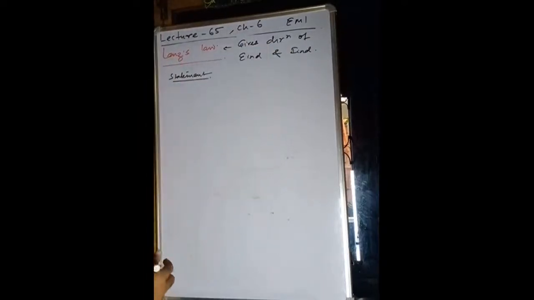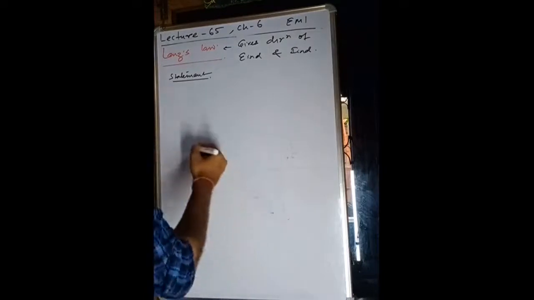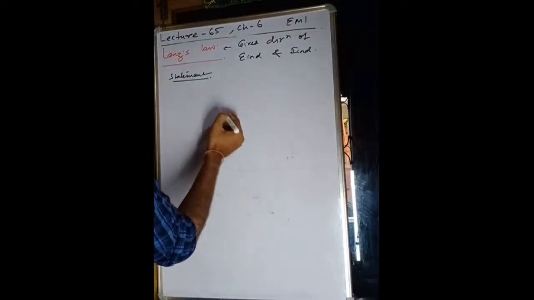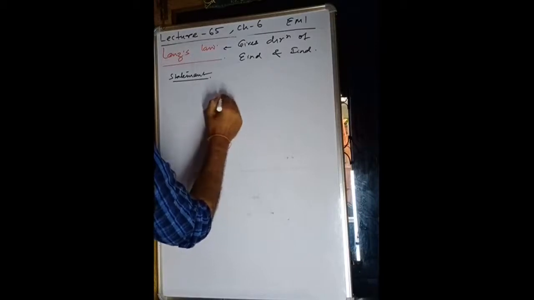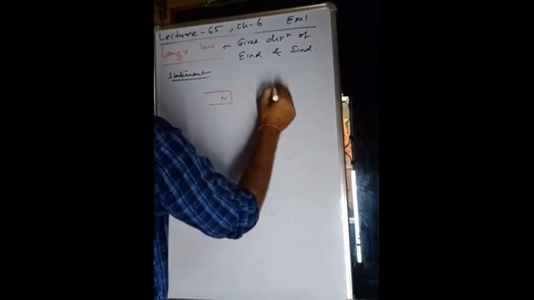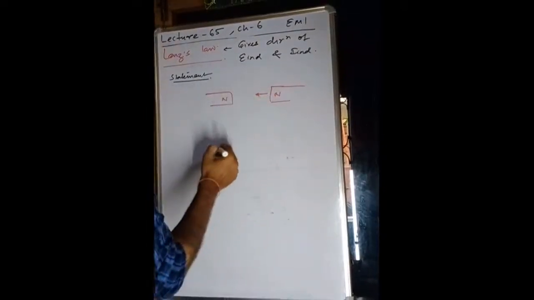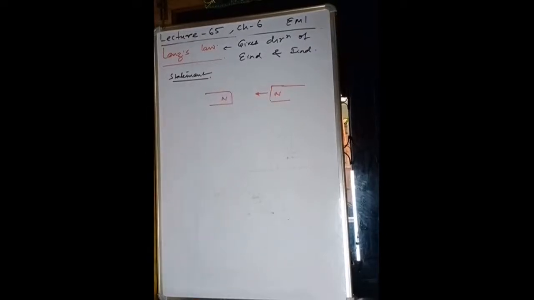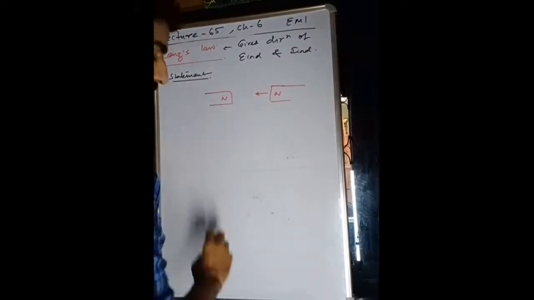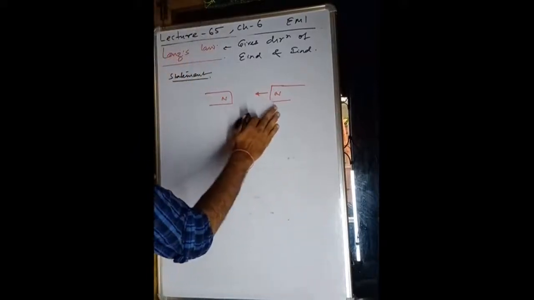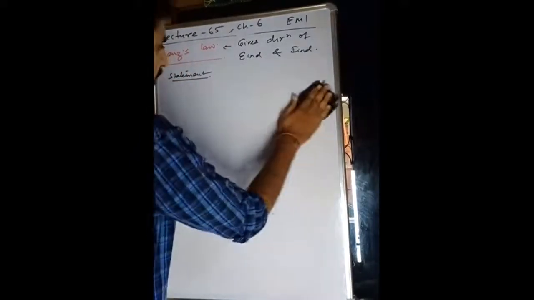Now try to understand how this will oppose; you have to study it, and that will make certain questions. Suppose this is a coil. As we know, if this is the north pole and you bring a north pole near it, of course it will repel, and this pole will not accept the north pole coming towards it.